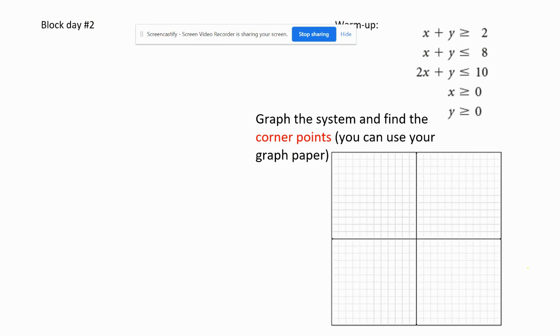Okay, so if you end up with, I'm just going to make some stuff up here, let's say I have this as my shape. I just need to determine the coordinates of those corner points. And I can do that by setting the two equations equal to each other. I could do it by putting this in Desmos, don't even have to solve it, and finding those intersections, any of those. Those are the important coordinate points.